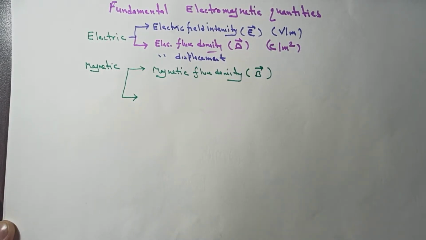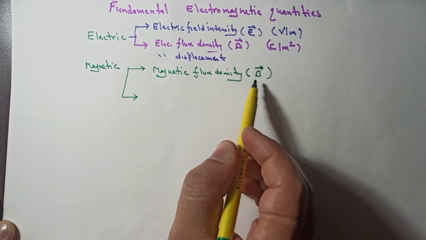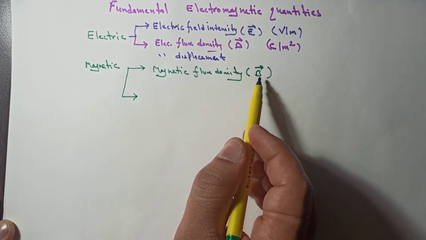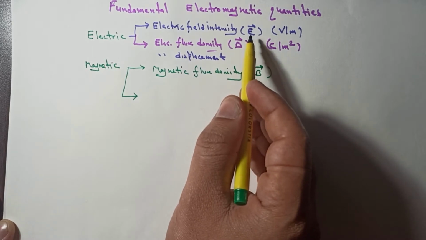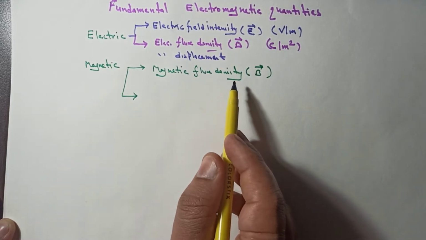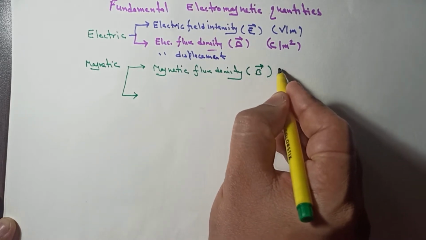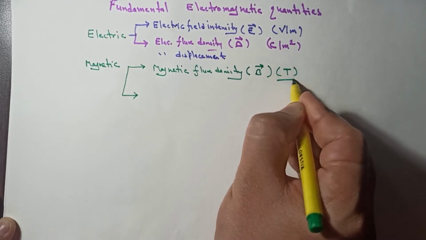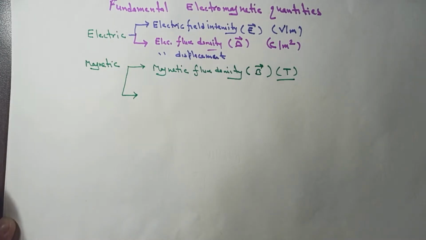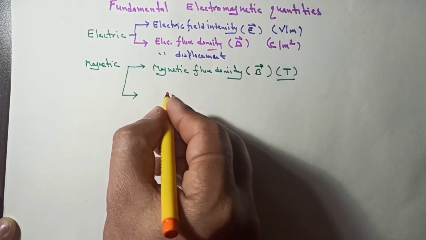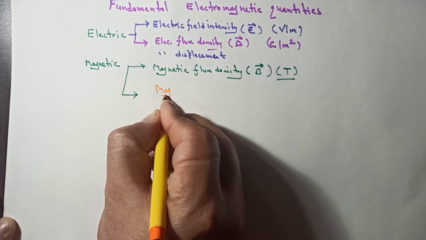Many students are confused, thinking that B is the electric field intensity like E. But it is magnetic flux density. So this should be clear in your mind. And the unit is Tesla.